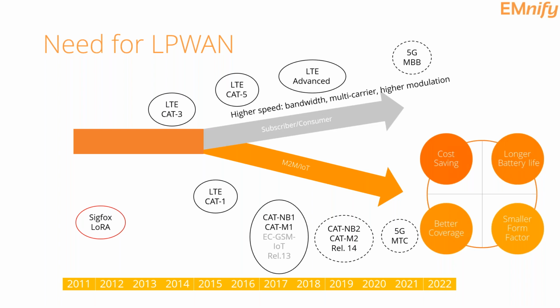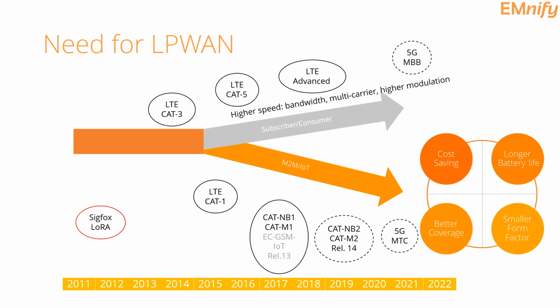Another thing is better coverage. As you know, with cellular technology, you have challenges with indoor coverage or below ground coverage, but there are some very interesting use cases in industrial IoT, especially for these situations, and also in rural areas where there's no cellular connectivity available. So LPWAN really goes in the direction of improving coverage also to areas where there has not been any coverage before.